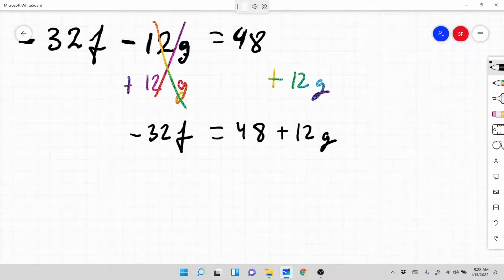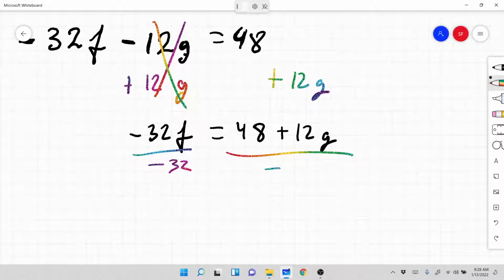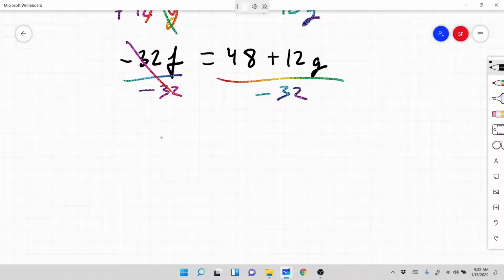And then you divide by negative 32, is that what you said? Yep. All right, great, let's do it. So F equals, now watch this magic. What's 48 divided by 6?